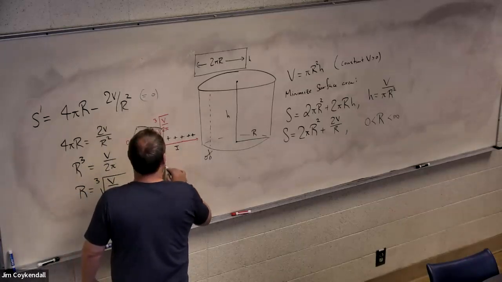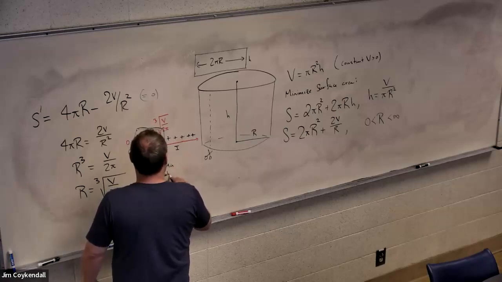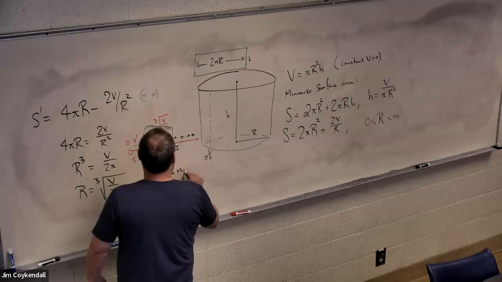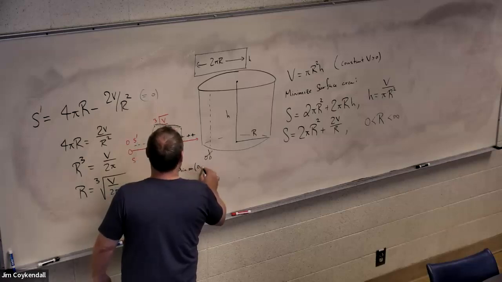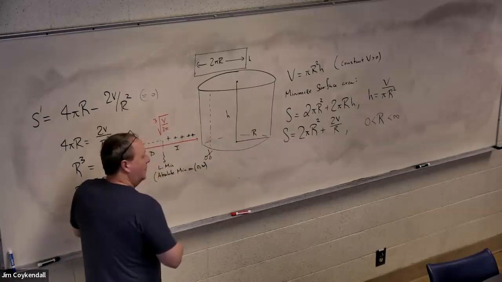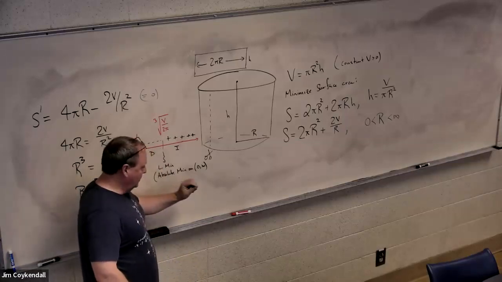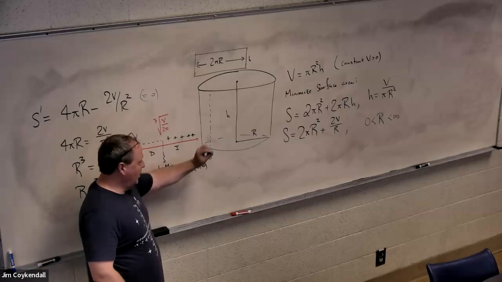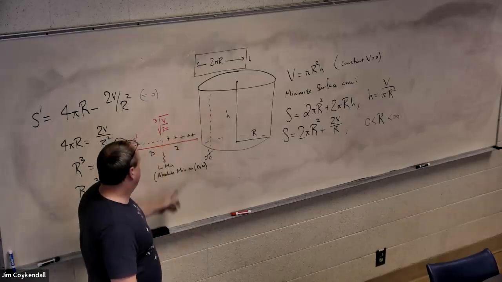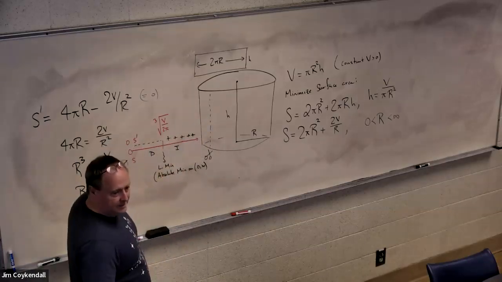So this is a local min, and it's an absolute min on the domain, because think about what's happening. You start somewhere and you go down. Once you hit the bottom, you go up forever. So that has to be an absolute min.